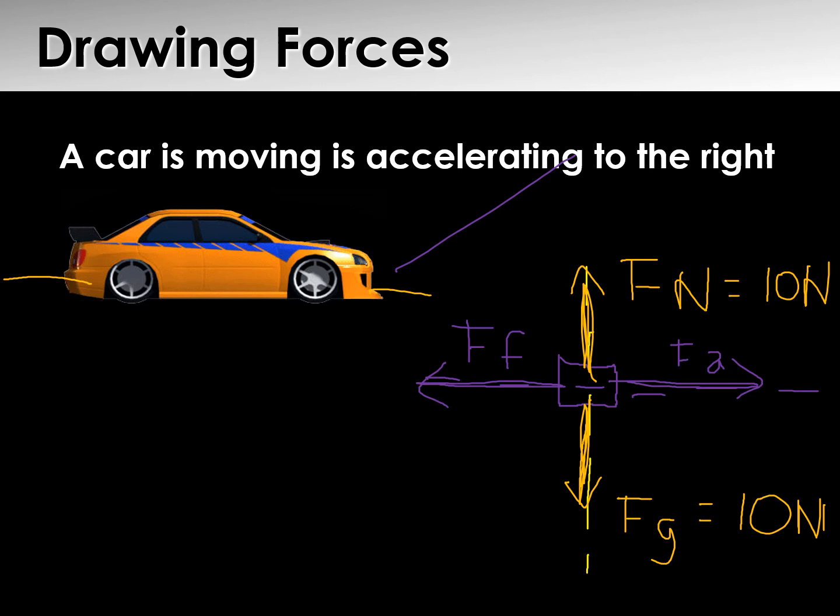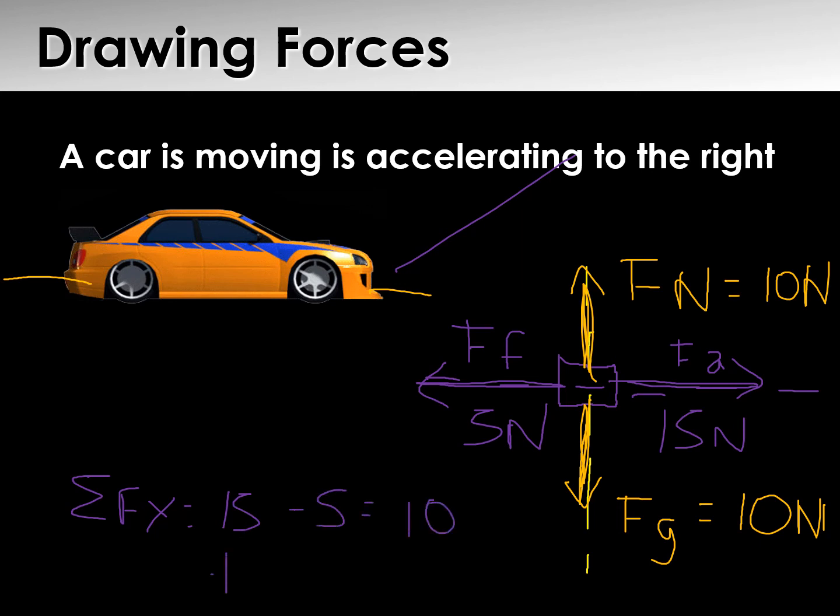That means that the applied force is going to be bigger than the friction force. For example, here 50 newtons and here 5 newtons. The net force is bigger to the right. It's the sum of 5. You have 10, and that's pointing to the right. So the object is accelerating to the right.